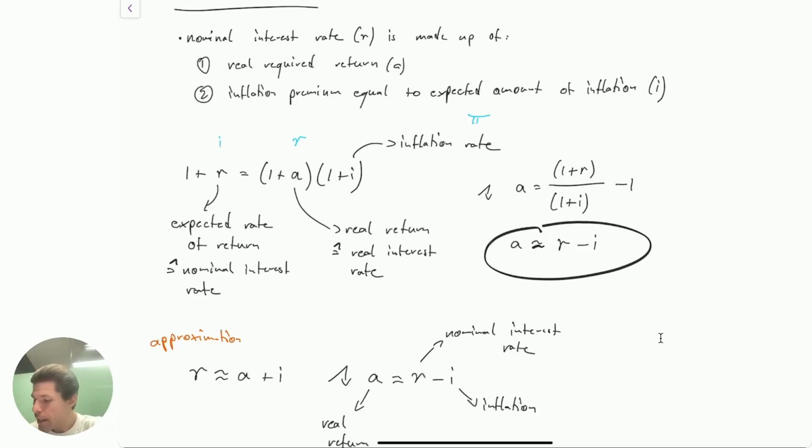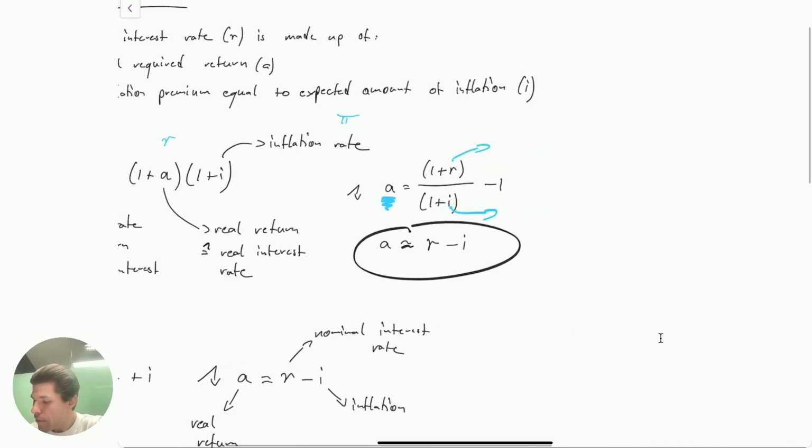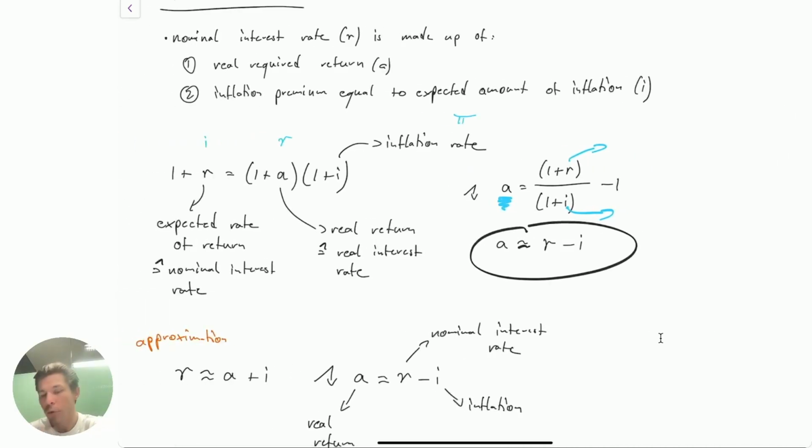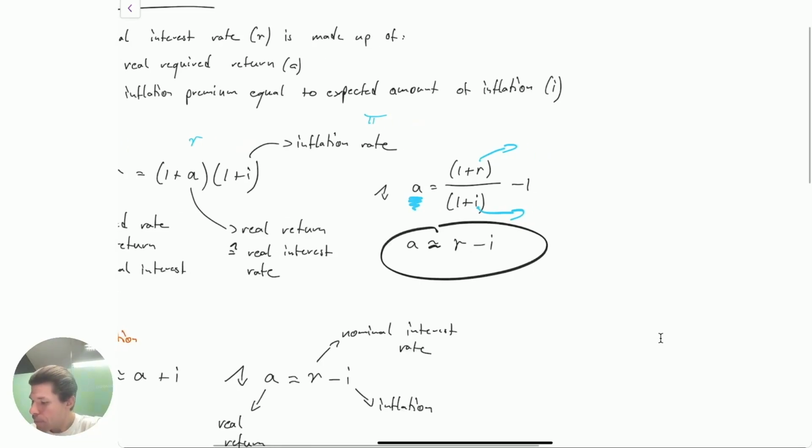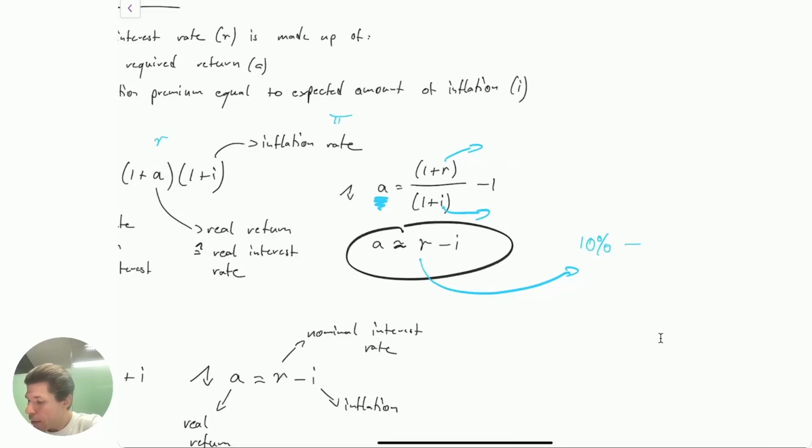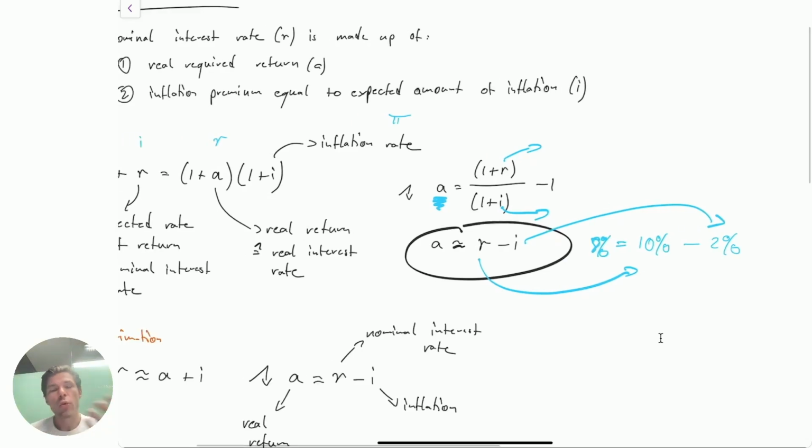If we change this formula here, we can see that our real interest rate or real return is affected by the nominal interest rate and by inflation. We can simplify this formula. A is approximately R minus I, which means, for example, if you get 10% from the bank as interest rate, but the inflation rate in your country, I, is 2%, then your real return is only 8%.